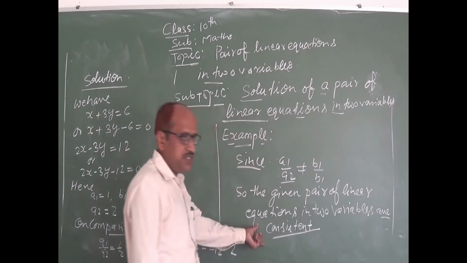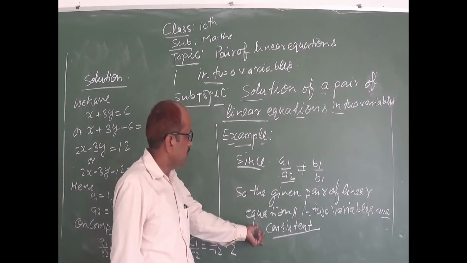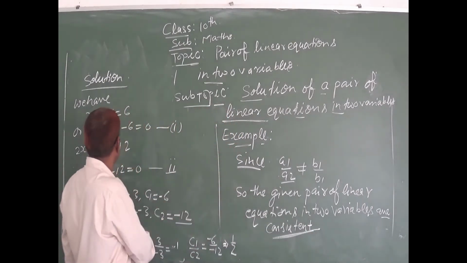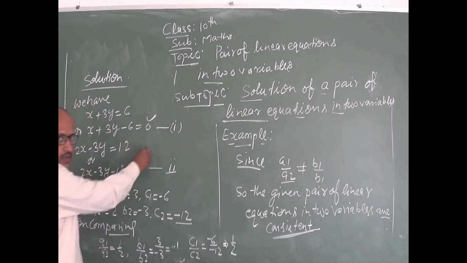Consistent means it has a unique solution. Okay, so we can find the solution graphically of this pair of linear equations.